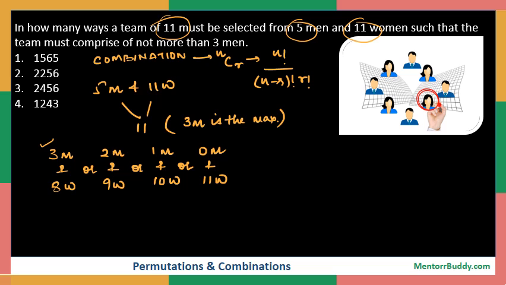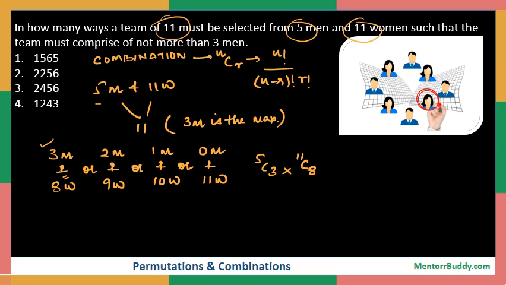So the selection process happens in such a way that 3 men are selected out of 5 men, and hence I can say it is 5C3. And 8 women out of 11 women, so it is 11C8. Because there is an 'and' in between, I will be replacing it with a multiplication sign.